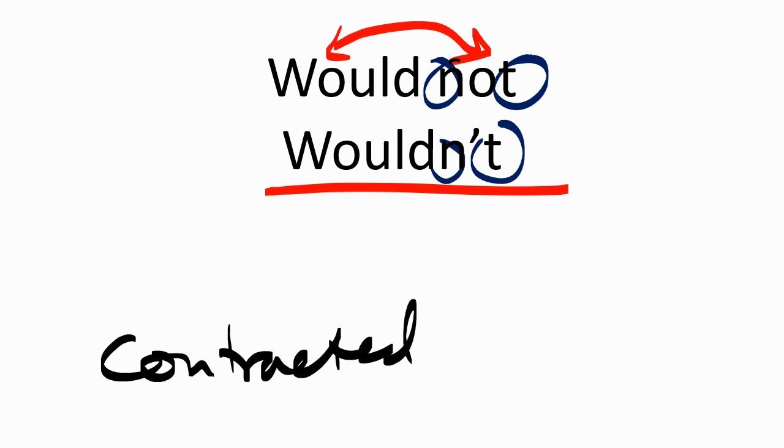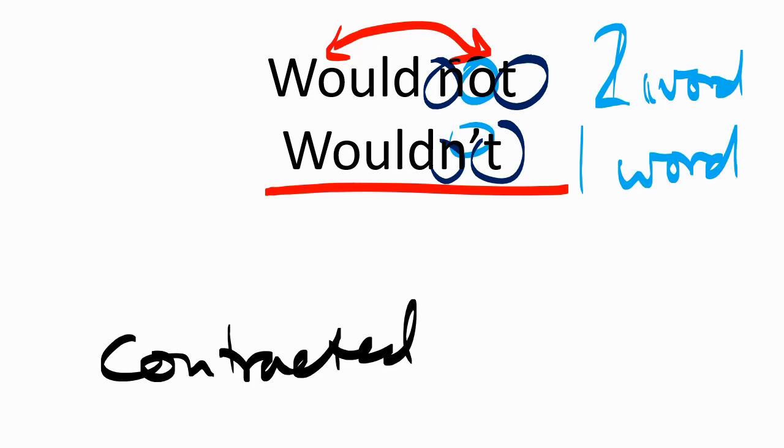The O has been eliminated. There's the O is gone, and in its place is an apostrophe, and we call that the apostrophe of contraction. And so would not, which is really two words, has become one word. It has been contracted, and that is all due to this apostrophe here of contraction.